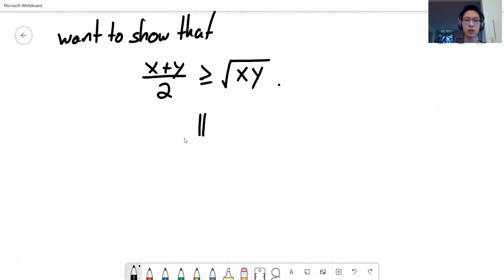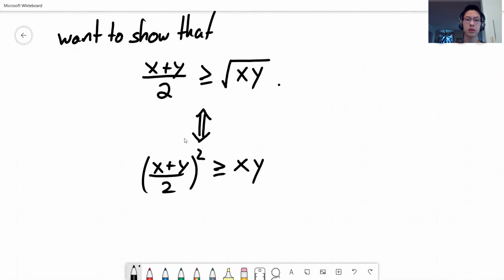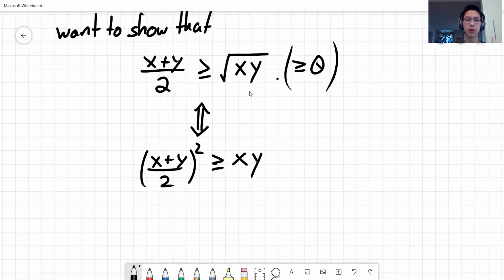This is if and only if x plus y over 2 squared is greater than or equal to xy, because implicitly both sides are greater than or equal to 0. Since these two things are both non-negative, showing this is true is equivalent to showing that the original is true.